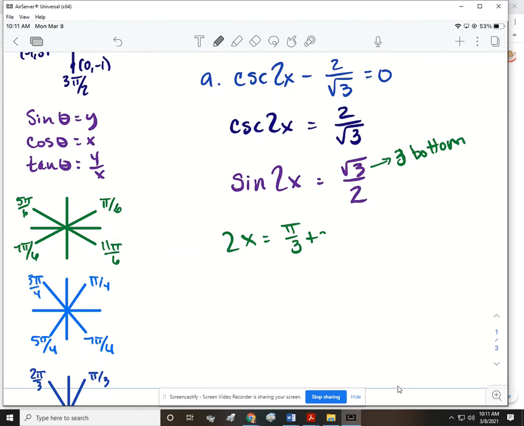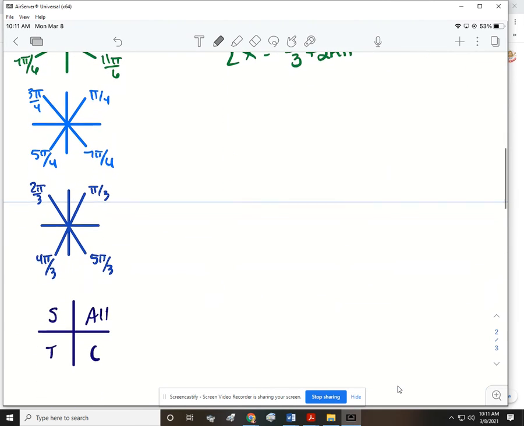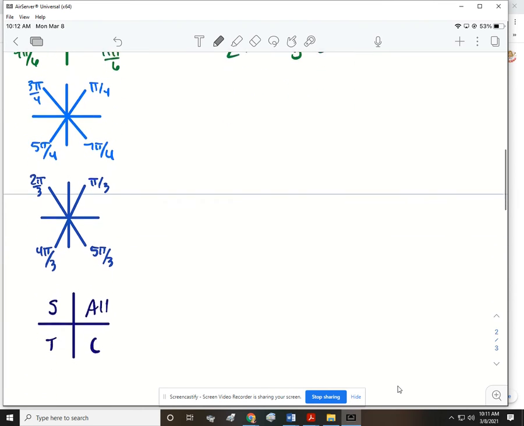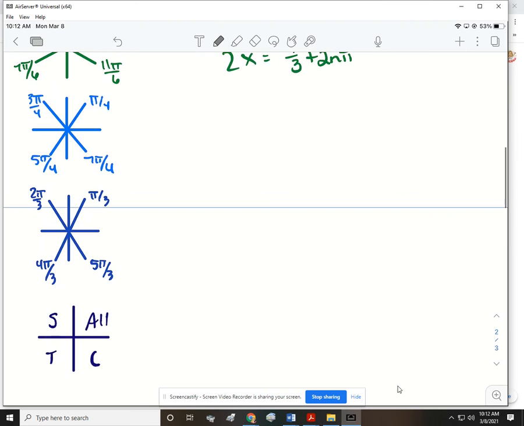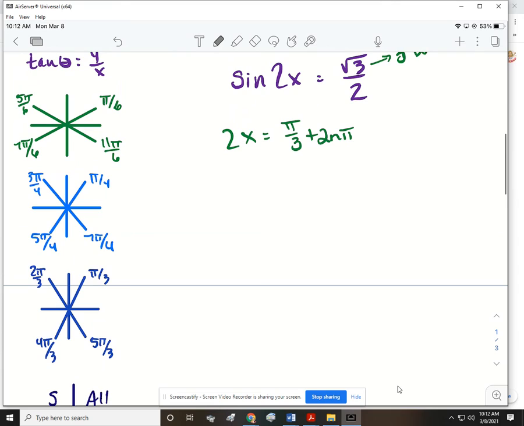And we do plus 2n pi. But there is more because sine is also positive in quadrant 2. So that means we're going to go to the pi over 3 angle and also have the angle 2 pi over 3.